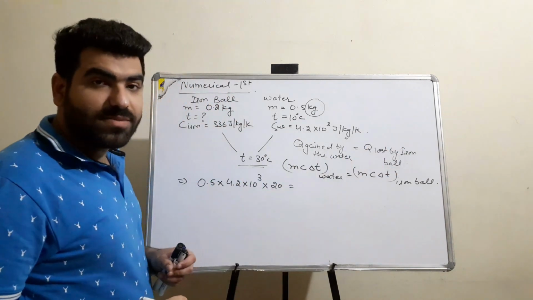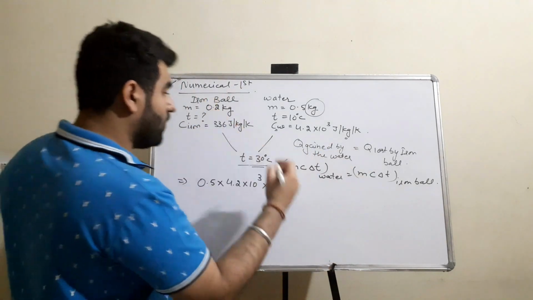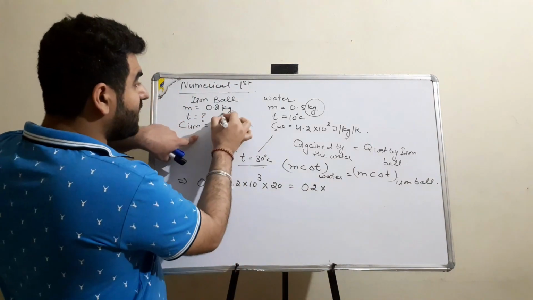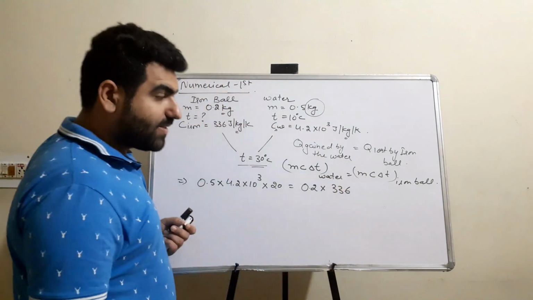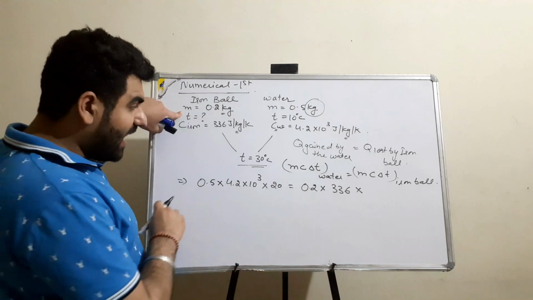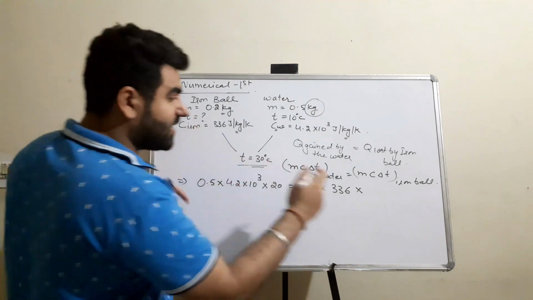What is the heat lost by the iron ball? Heat loss will be mass of the iron ball which is 0.2 kgs into specific heat, again this is kg, no need to change, 336 into change in temperature. This temperature was high, this temperature is comparatively low. So this would be T minus 30.